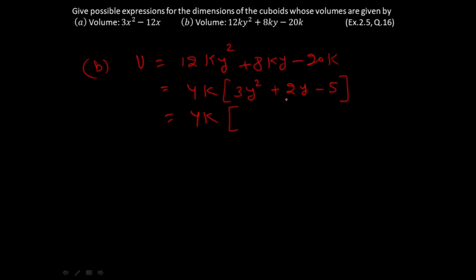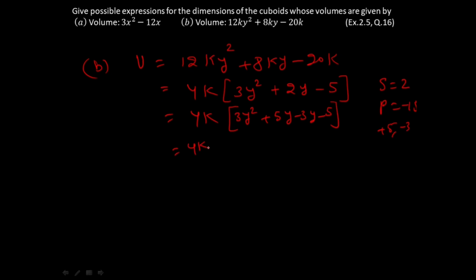The sum should be positive 2 and the product should be 3 times negative 5, which means minus 15. So the two numbers will be plus 5 and minus 3. Sum is 2 and product is minus 15. Correct. 3y square plus 5y minus 3y minus 5. I used the method of separating the middle term.